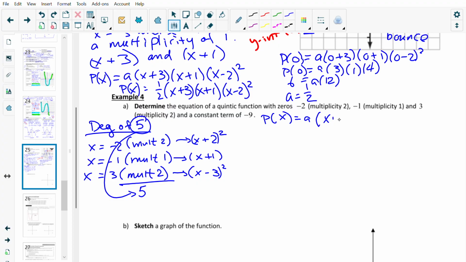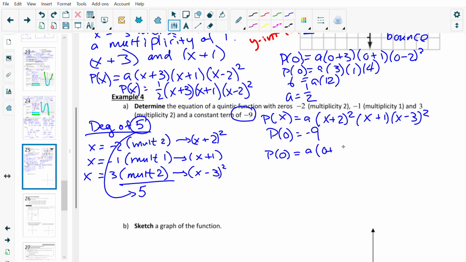Okay, let's develop an equation. So P of x equals a, don't know what that is yet, times x plus 2 squared. Let's multiply all the factors together. X plus 1 times x minus 3 squared. Okay, we know the constant value is -9, right? So that means P of 0 equals -9.